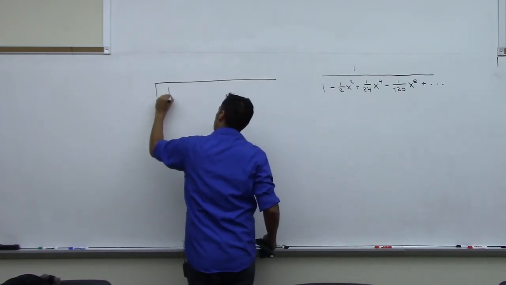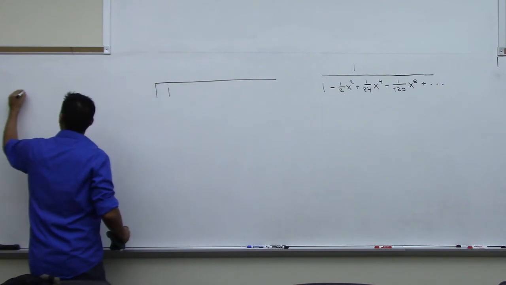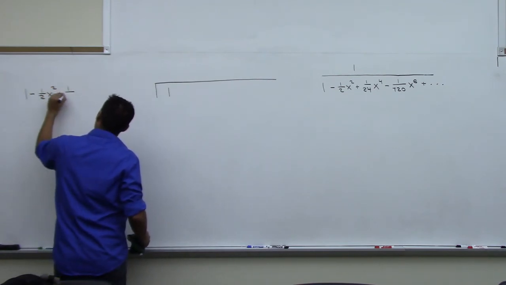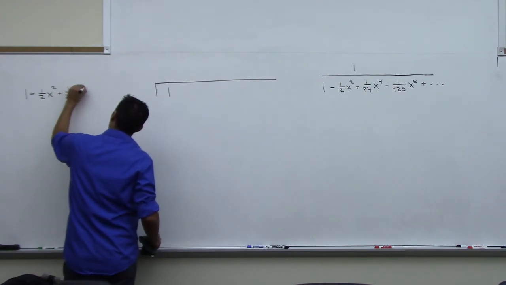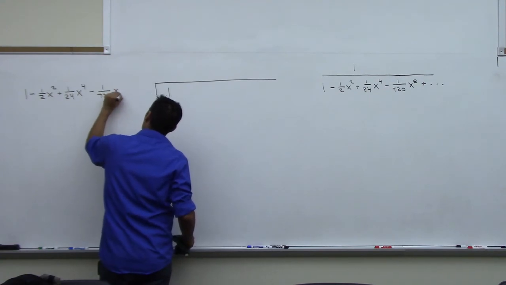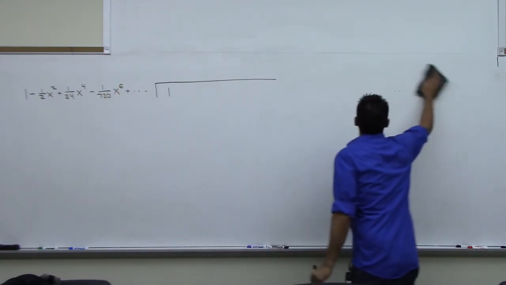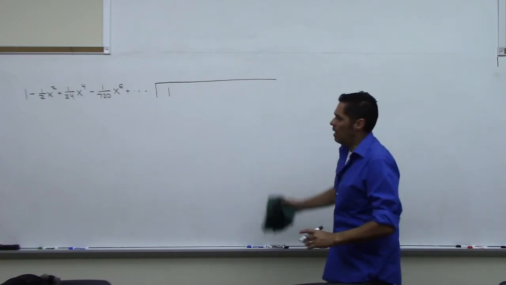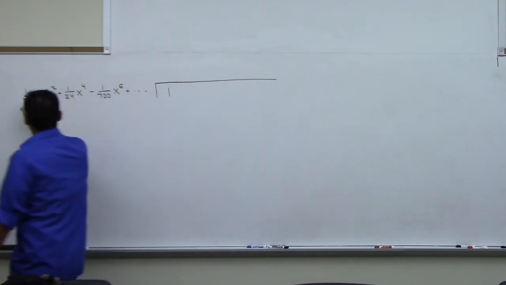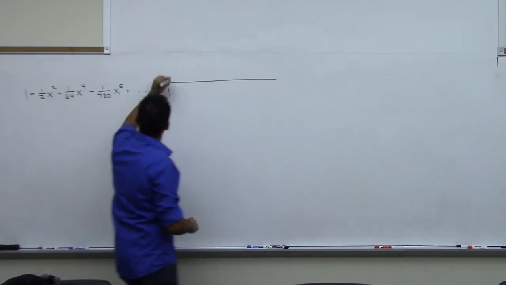I have 1 inside, and on the outside, I have 1 minus 1/2 x squared plus 1/24 x to the 4th minus 1 over 720 x to the 6th plus dot, dot, dot. And now I start asking myself this question. What do I multiply 1 by to get 1? So just 1. So I put 1 up here.